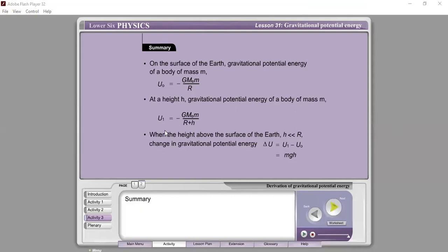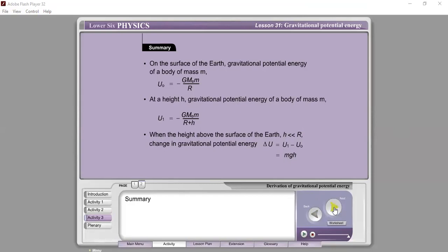Here we have one condition: h is much smaller than the radius of the Earth. The radius of the Earth is about 10 to the power 6 meters, so it is considered much bigger than the distance above the surface. So we can just use mgh.